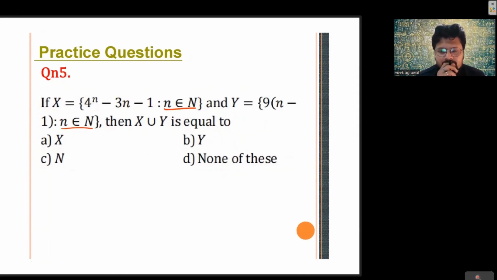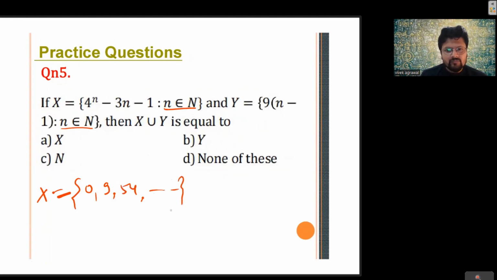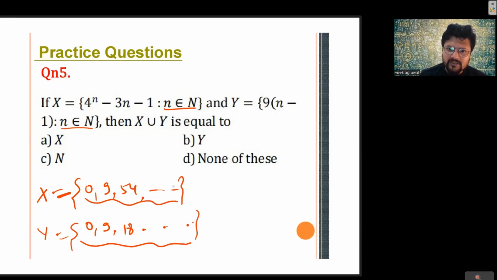So I found the first three elements of X, which are 0, 9, and 54. While for Y, it will be 0, 9, 18, and so on, the table of 9. These are all multiples of 9, and this is also multiples of 9, but this is only some multiples of 9, and this is all multiples of 9.